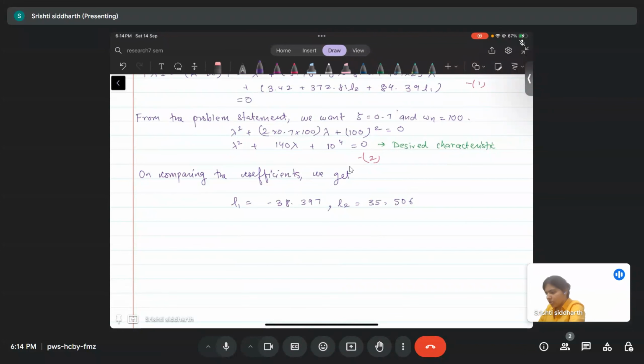Okay, so after this whole design, you can always check if you have made the right calculations. You can check that we have L now as minus 38.397 and 35.506. So check that the eigenvalues of A minus LC are exactly the roots of the desired characteristic equation. If these are equal, then this computation is correct.